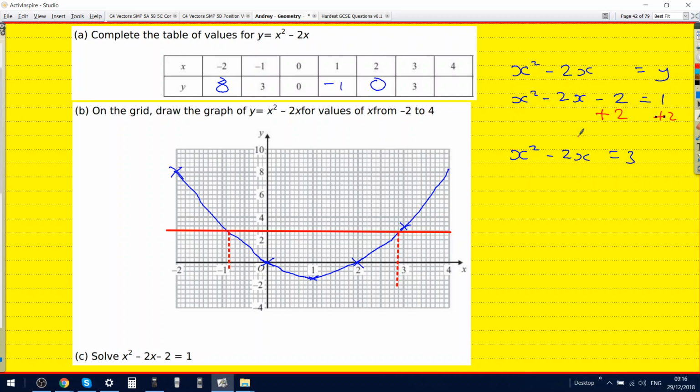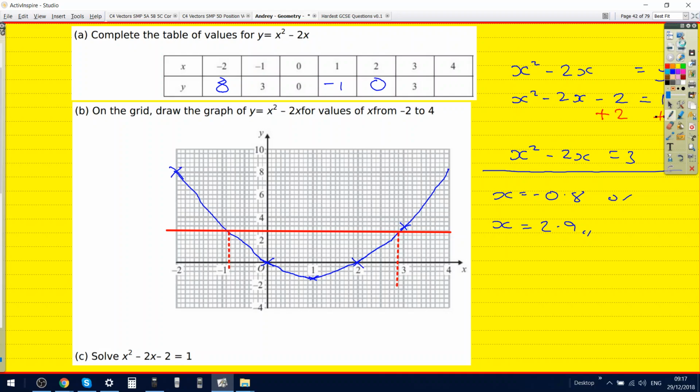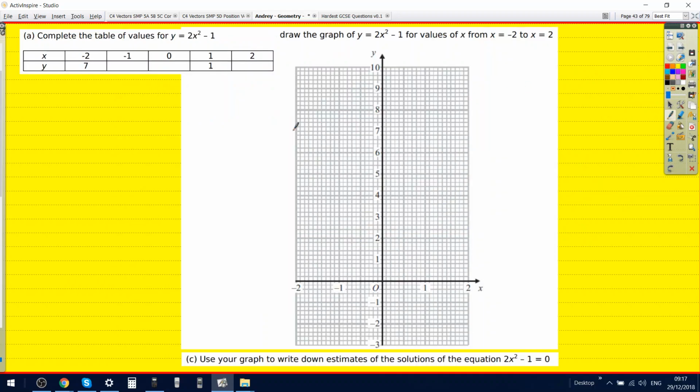Looks something like minus 0.8 or 2.9. That's fine. Yeah. So quite often you have to manipulate it a little bit to make it this. On one side it's exactly the same as the graph you already have, so you can use the graph you already have and then just draw another line.